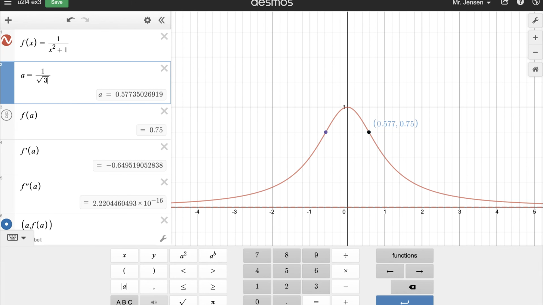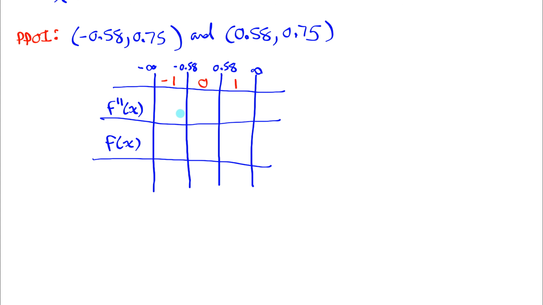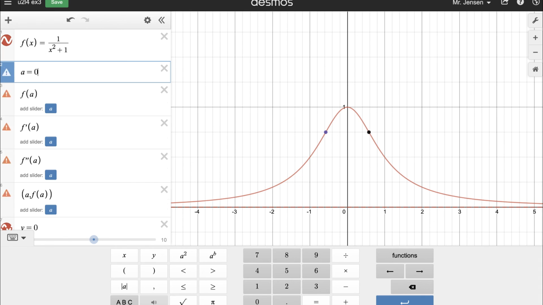So into the second derivative, I will plug negative 1, right? Look at the second derivative. It's positive there. So at this point, the function is concave up. So second derivative is positive, which means concave up. Looks something like that. In the next interval, I chose a test value of 0.